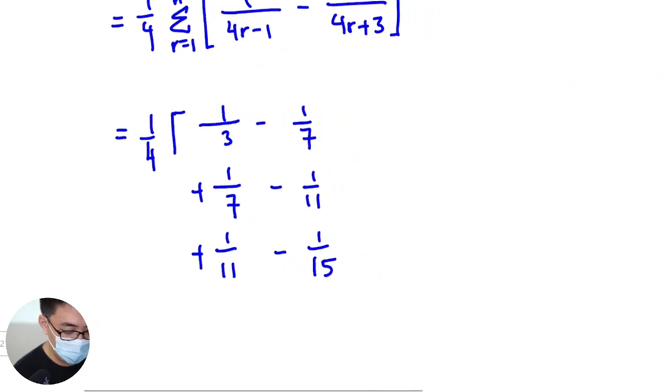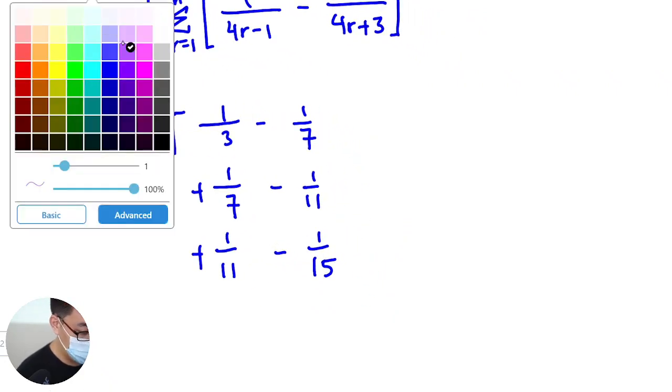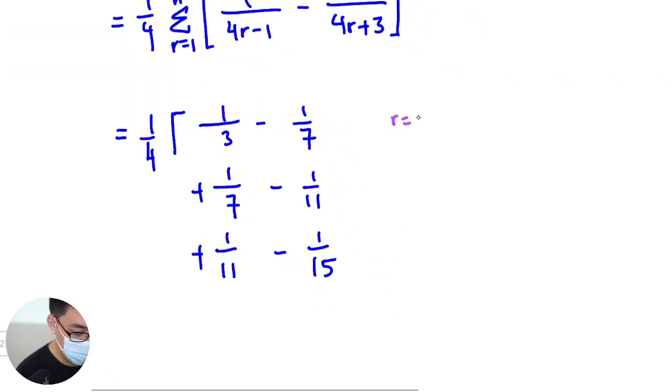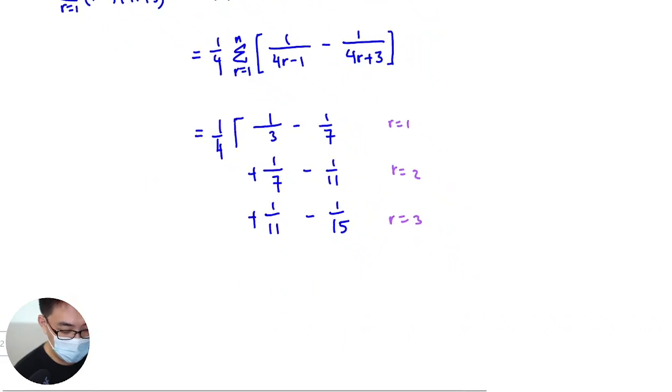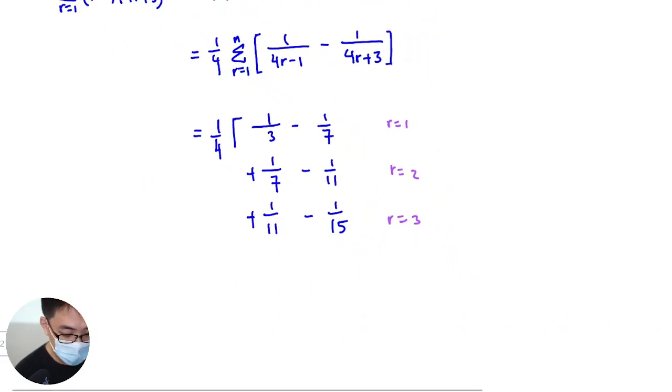Okay, let me just write it down for you. R equals 1, 2, 3. Then you just dot dot dot.